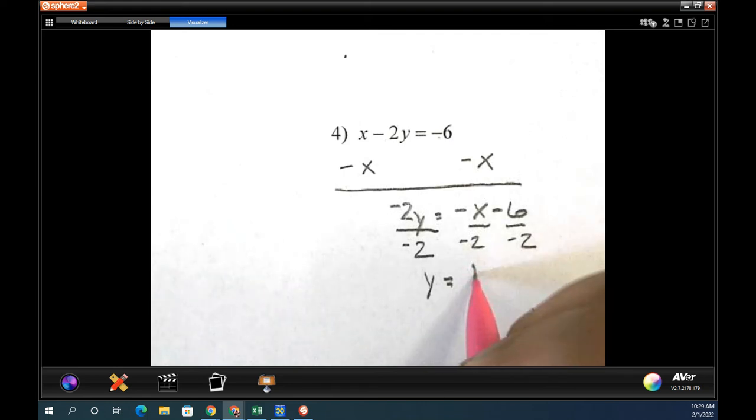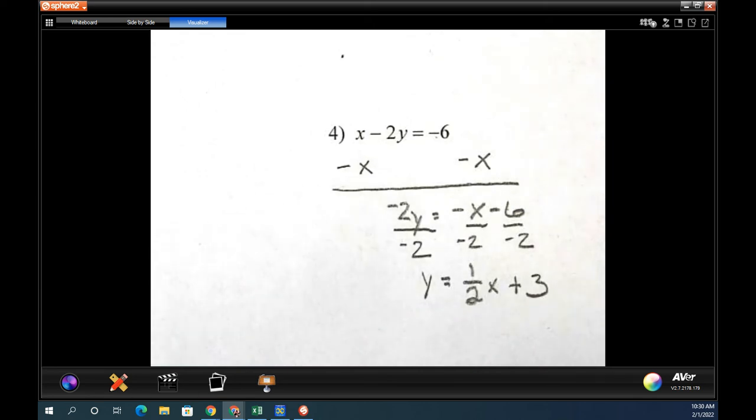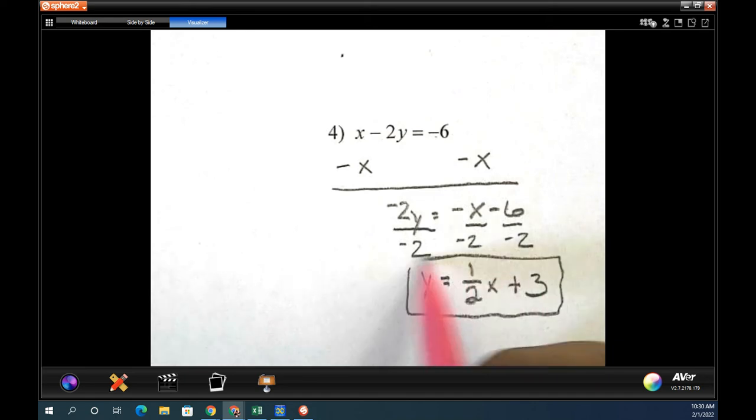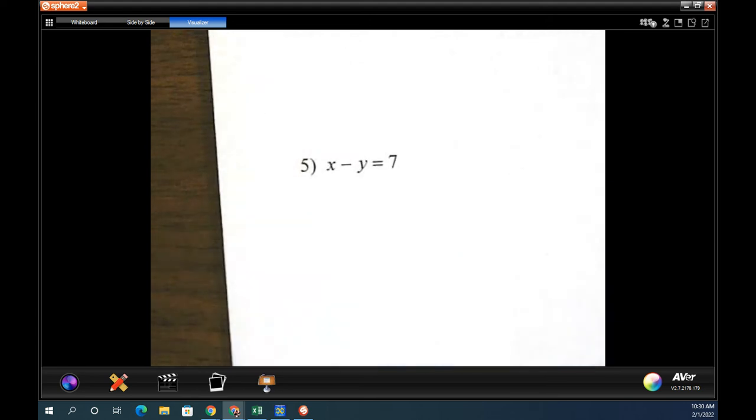Negative over negative makes that a positive, 1/2 x. Then negative 6 divided by negative 2 is positive 3. How many of y'all got that? Raise your hand. Okay. Slope's 1/2. Y-intercept's at 0, 3. Try number 5. There it is.